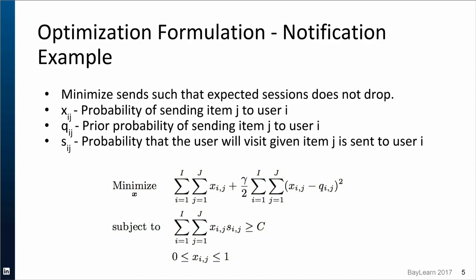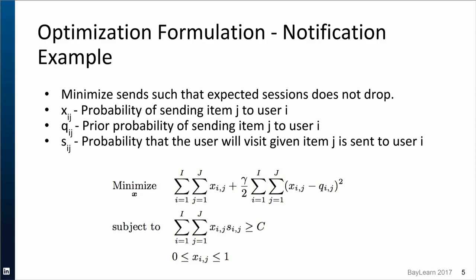Xij is the probability of sending a particular item j to a user i. Let Qij be the prior probability of sending it, like beforehand, you used to send those particular notifications with that probability to the user i. And Sij is the probability that this user will visit given an item j is sent to this user i.